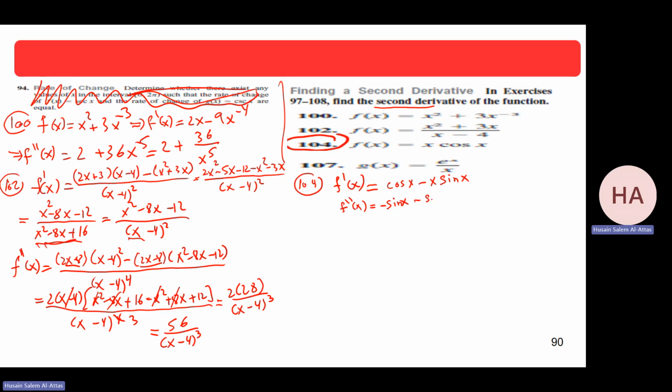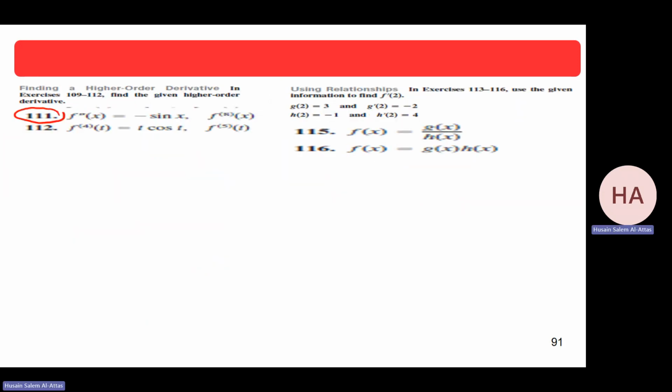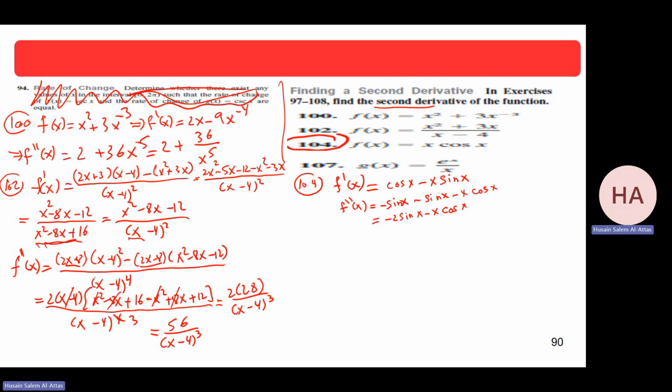Product rule here, I have minus sine x minus x cosine x, and that equals minus 2 sine x minus x cosine x. 107.